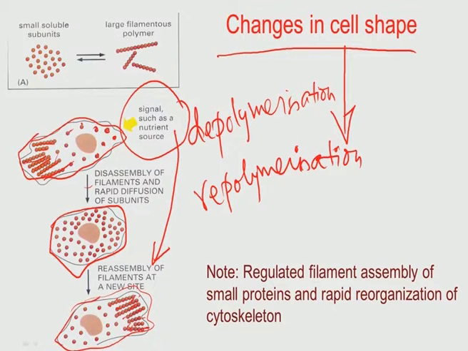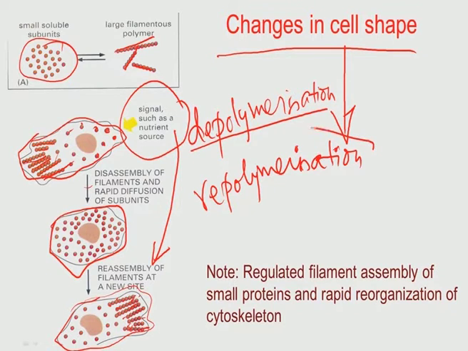Let me reiterate my points once more. The process of depolymerization helps actin filaments get broken down to smaller soluble subunits like monomeric units.